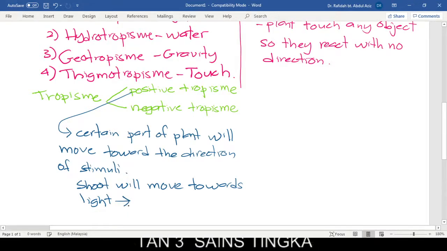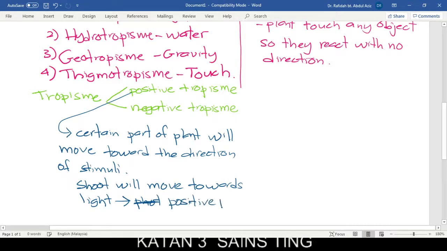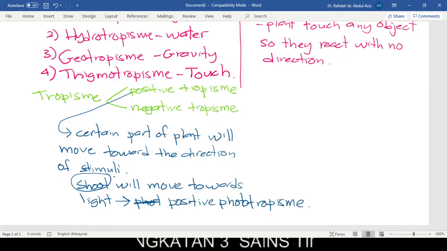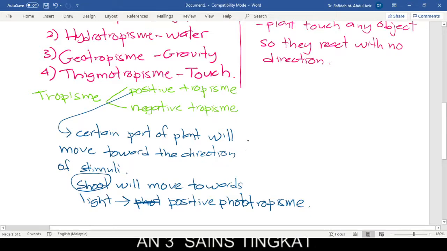So we call this movement positive phototropism. Okay, so for shoot, when this part moves towards the light, we call it positive phototropism.